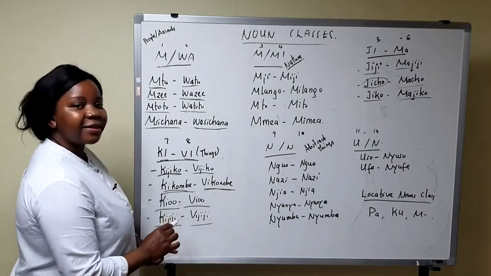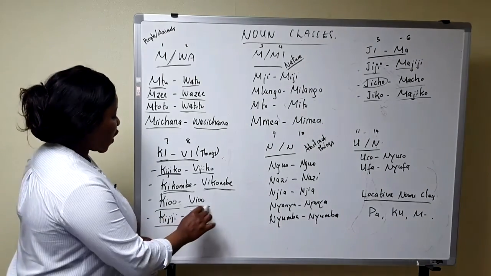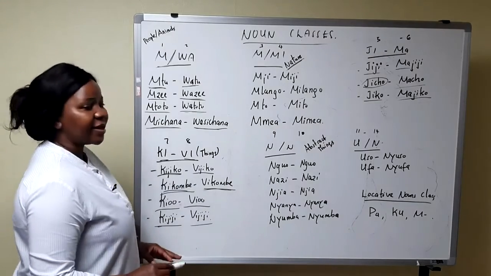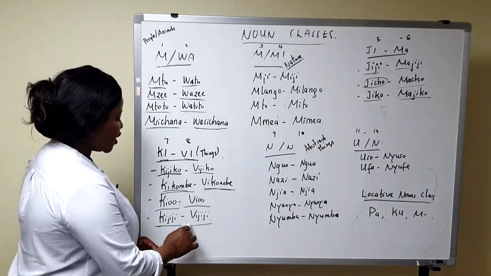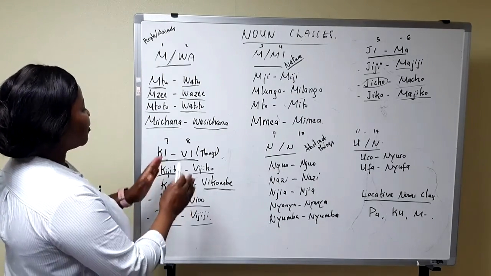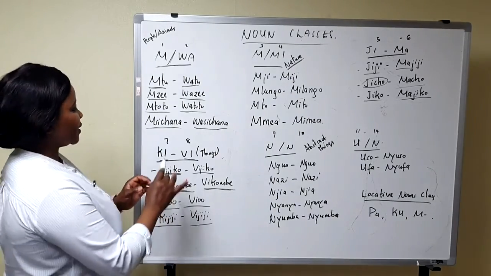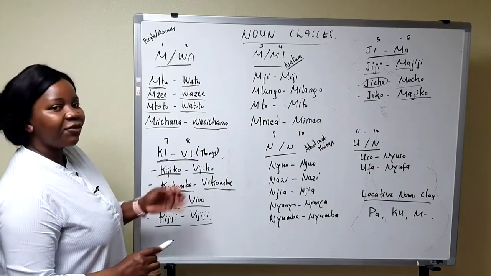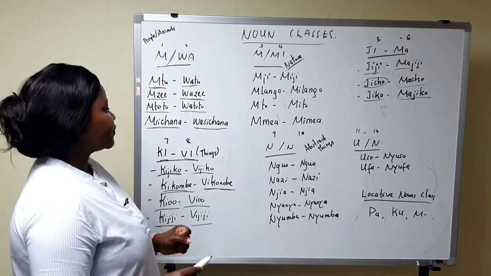Kioo is a mirror, vioo, mirrors, okay? Kijiji, a village, vijiji, villages, okay? So Kiwi noun class. So this is the seventh and eighth noun class is Kiwi noun class.